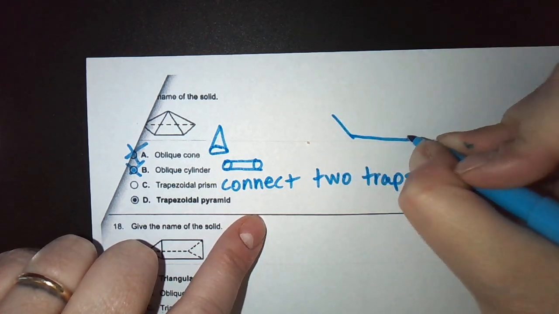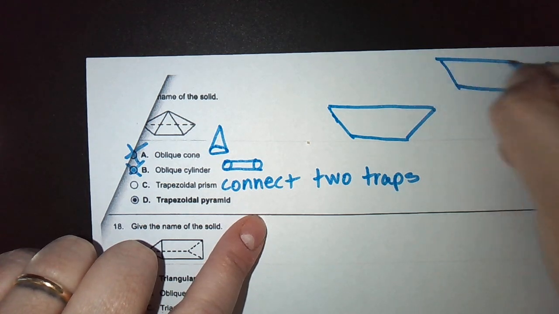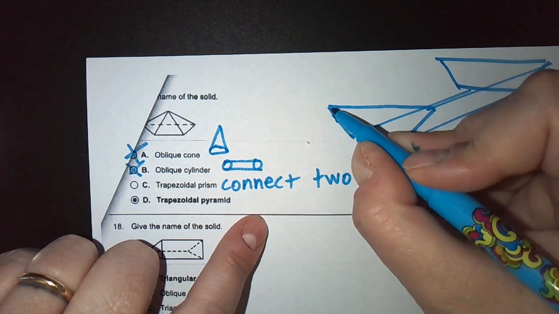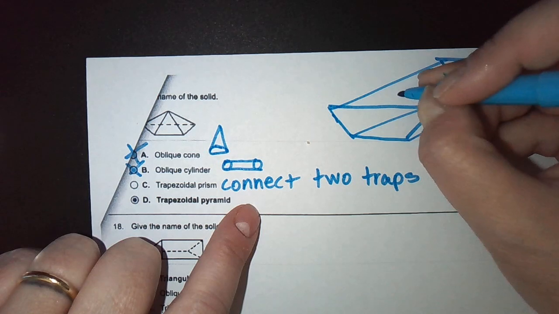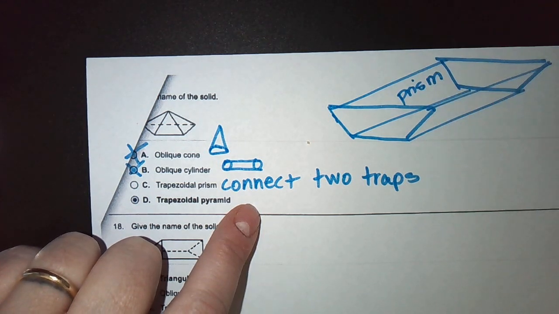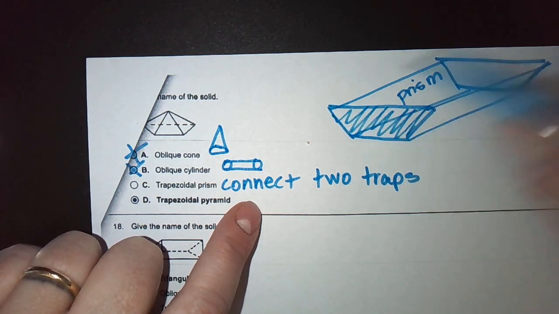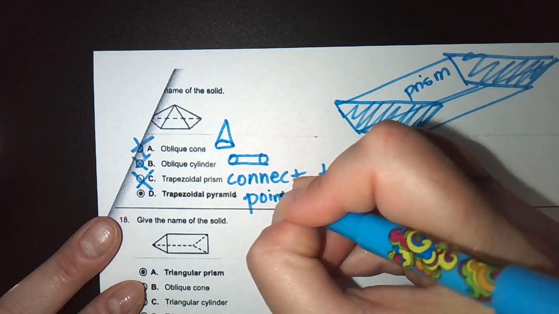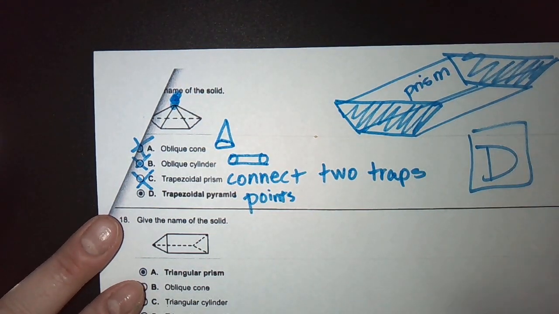As in, here's one trapezoid, here's another trapezoid, and if I connected it, it would look like a prism, kind of like a water trough where your horses drink water. So that's a prism when you have two of the same shapes that are connected. Well, that's not what we have. Pyramids come up to a point, and that's what this one does. So, hey, D.